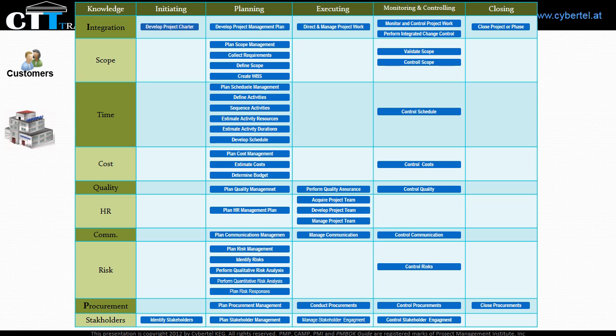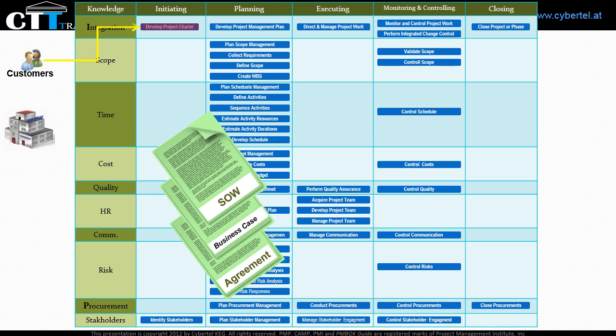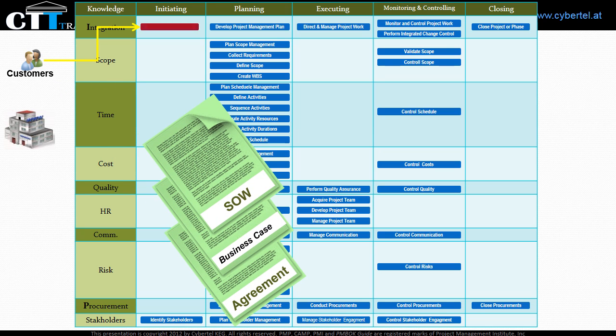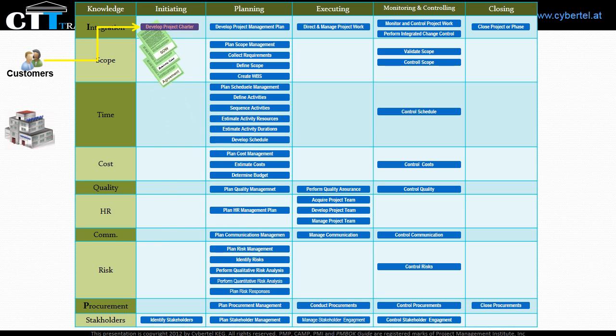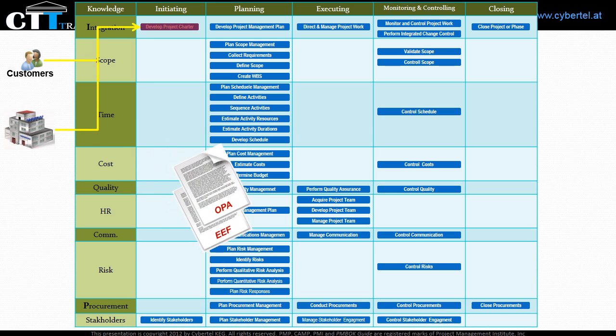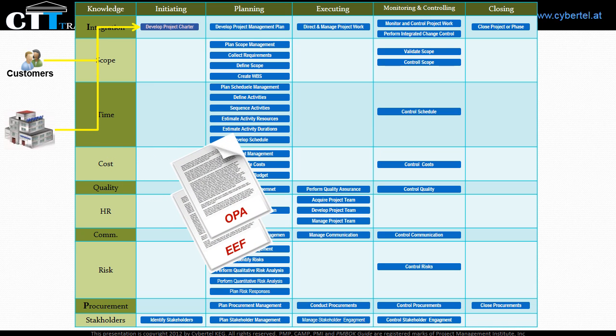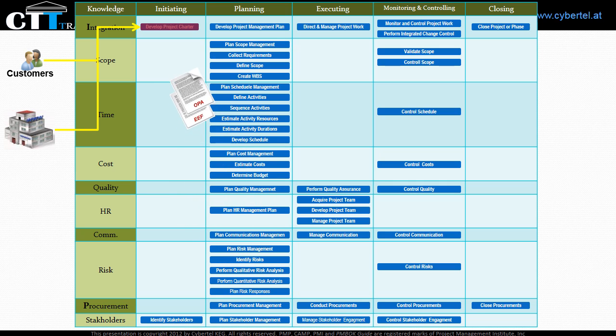Here we can see we used the 5 inputs, which were the project statement of work, business case and agreements from the requesting entity, and the organizational process assets with the enterprise environmental factors from the performing entity.